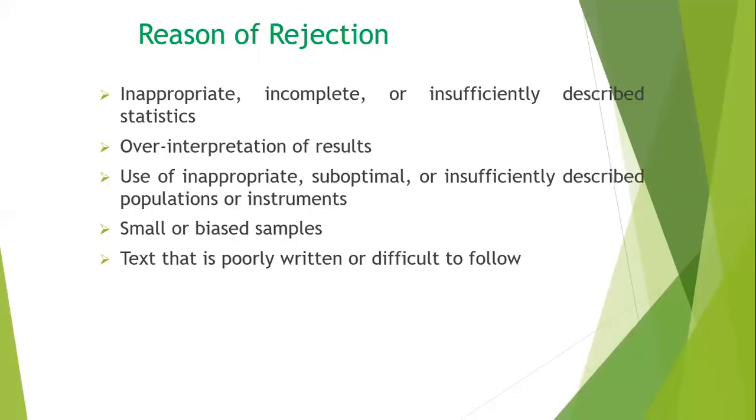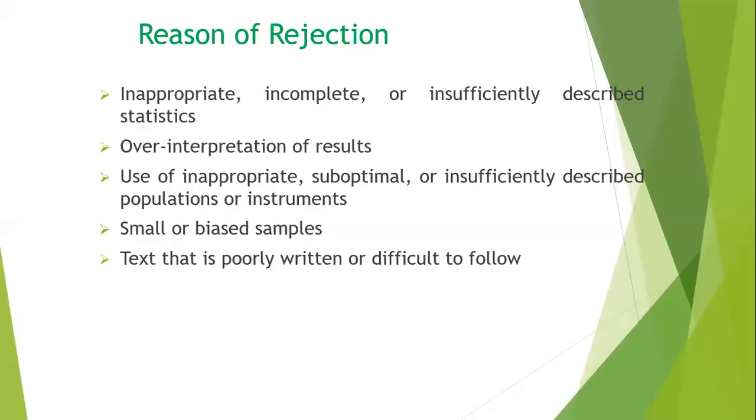Finally, another major reason for rejection could be that the text of the particular manuscript has been very poorly written. It is very difficult to understand what the authors have written, and thus the journal editors may feel that it may be of no value to the readers, since they would not be able to understand the text.